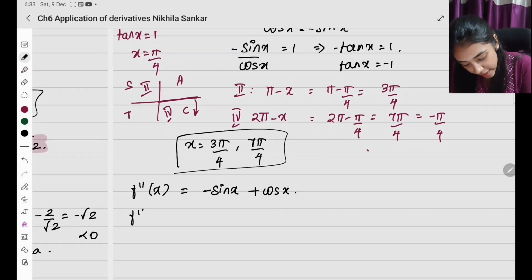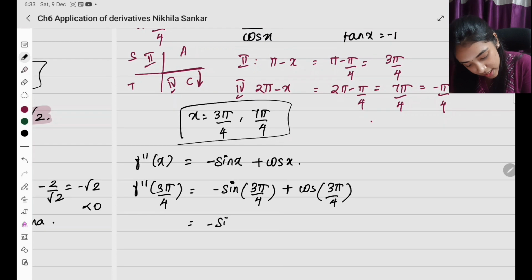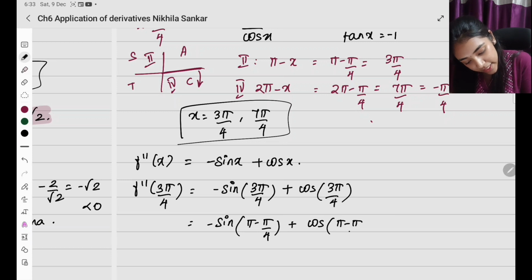Now for the x value, f double dash of 3 pi by 4 is going to be minus sine of 3 pi by 4 plus cos of 3 pi by 4. I can write this as minus sine of pi minus pi by 4 plus cos of pi minus pi by 4.